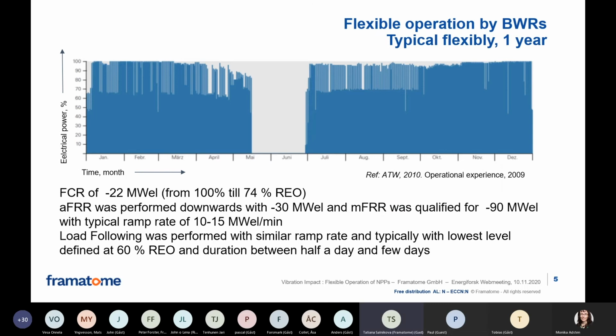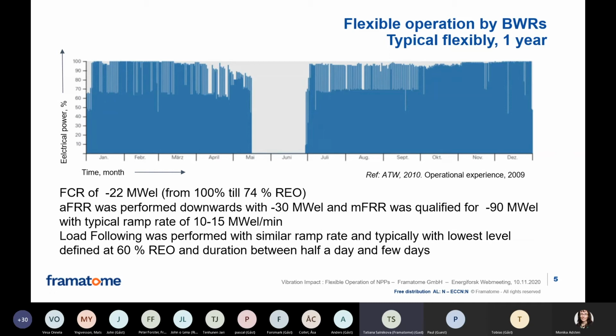This is just to give a feeling of one year of operation. It's already another BWR. And this BWR was performing small frequency control of 22 megawatt electric, automatic frequency restoration reserve with minus 30 megawatt electric, and the MFRR with minus 90 megawatt electric.